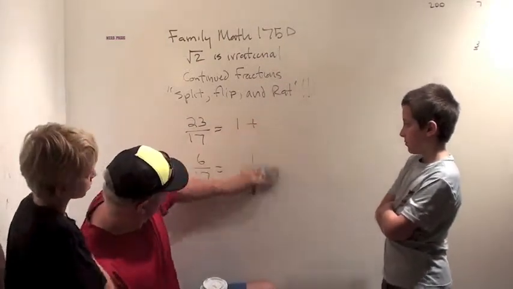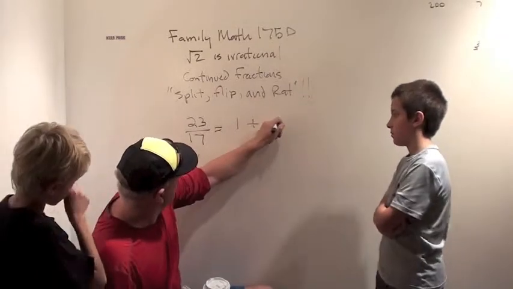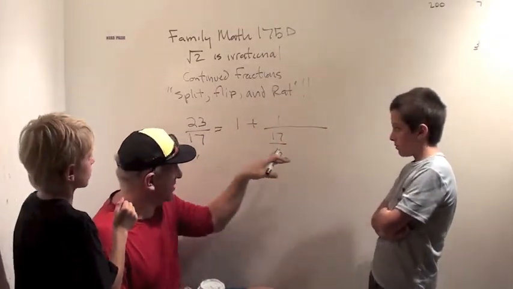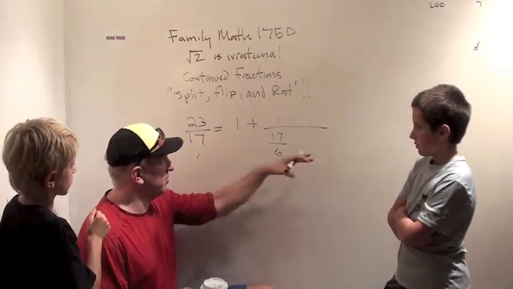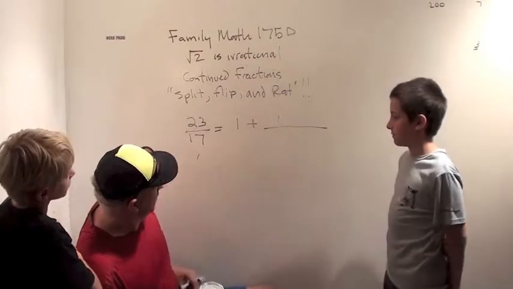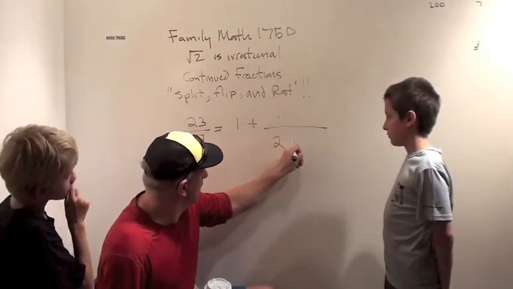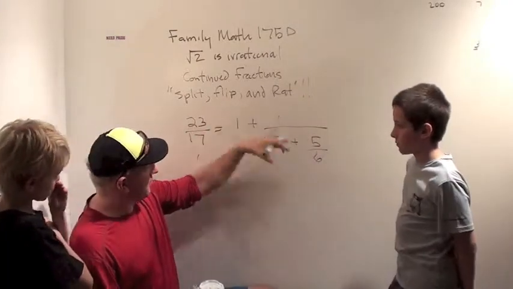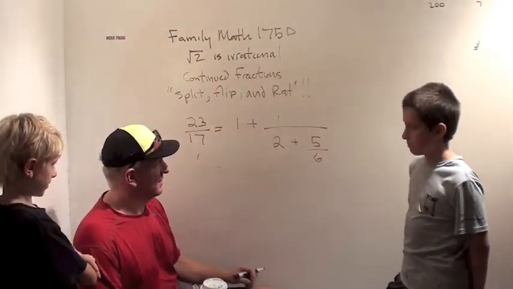1 over 17 sixths. And what is 17 sixths as an integer plus a fraction? It's 2 and 5/6. Now I flip 5/6 over. 6/5.